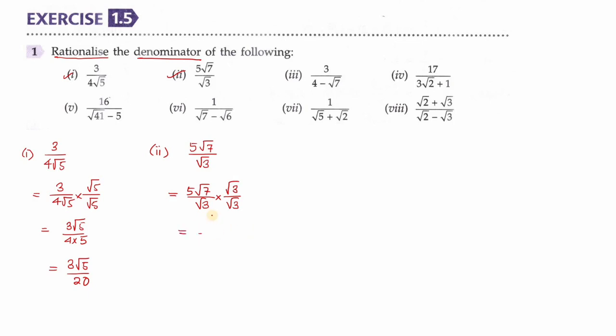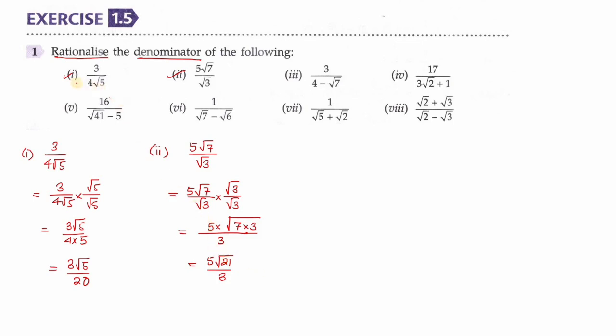So the denominator is root 3 into root 3 is 3. We have 5 into root 7 into root 3. Root 7 into root 3 can be written as root 7 into 3. So you can write a single square root sign, and within the square root sign you multiply them. So your answer will be 5 root 21 by 3.